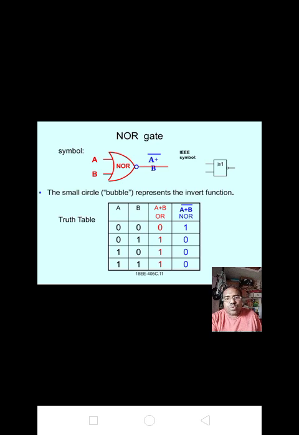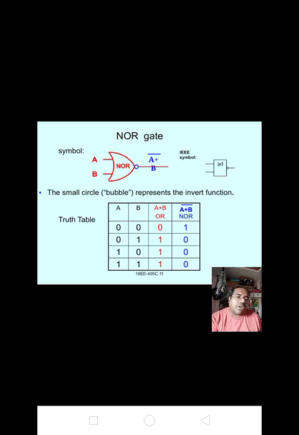Here I have given the truth table for NOR gate. That is, A, B are the inputs. A, B are the input variables. Inputs are 2 power 2, that is 4 inputs, that is 0, 1, 2, 3, using the code 2, 1. The representations of 0, 1, 2, 3 in binary code are: for 0 it is 0, 0, for 1, 0, 1, for 2, 1, 0, for 3, 1, 1.